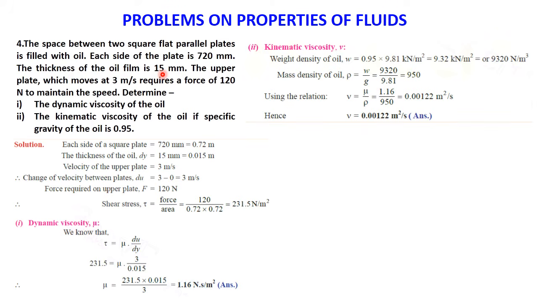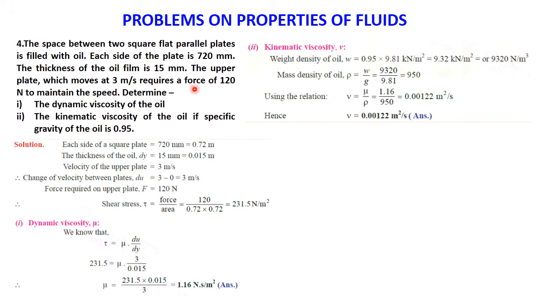The thickness of the oil film is 15 mm. The meaning of this is, between the two plates we have a distance of 15 mm through which the oil is filled. So in our case we write this distance, the thickness of oil between the two plates, as dy. It is 15 mm, equal to 0.015 meter.